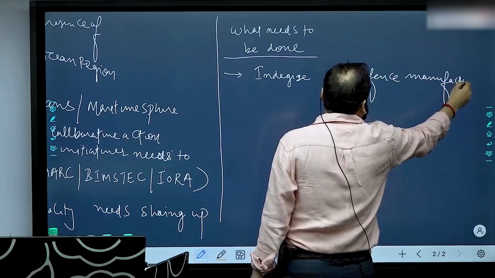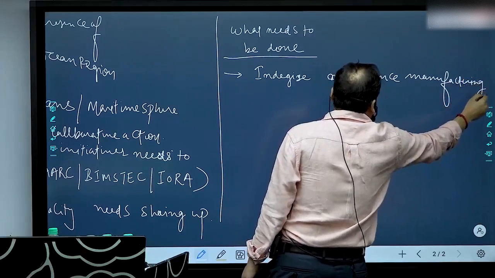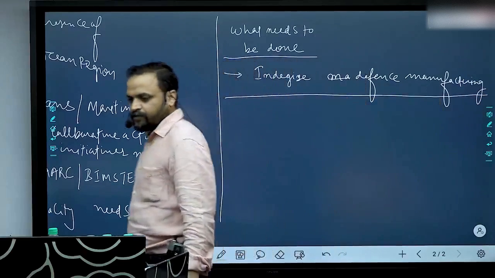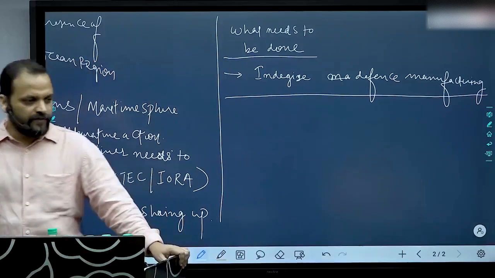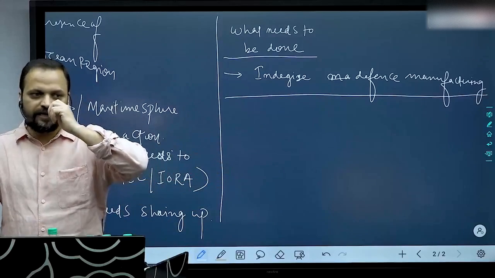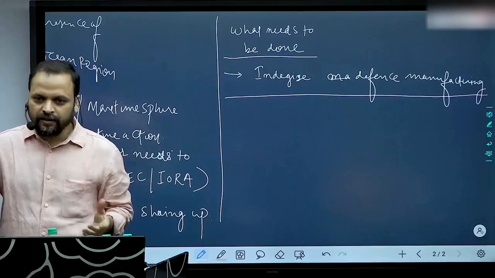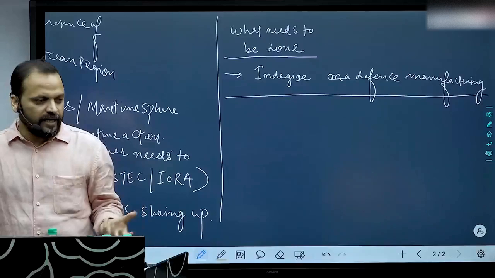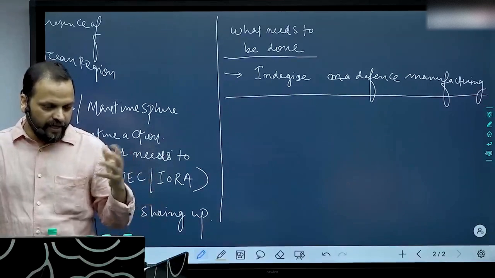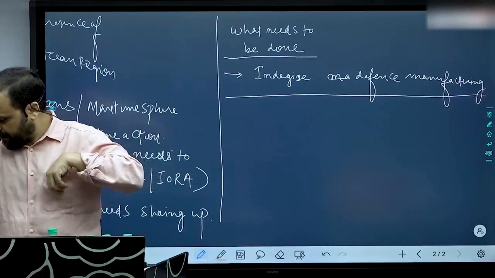And that's something that you will see behind successive defense production policies. The most recent iteration was in 2020. Right? So that's why you will find changes in categories like Make in India, Buy in India.